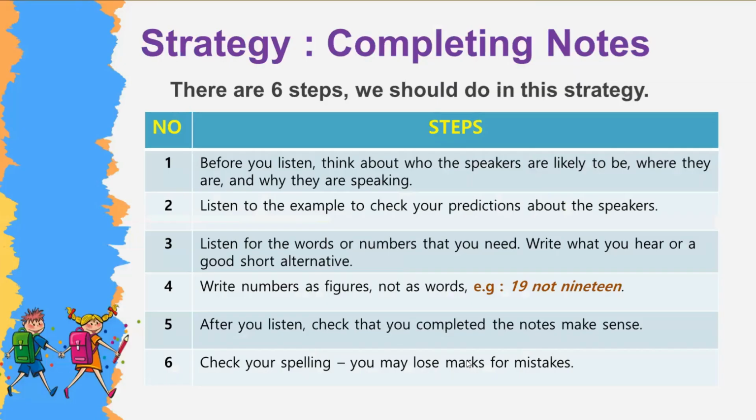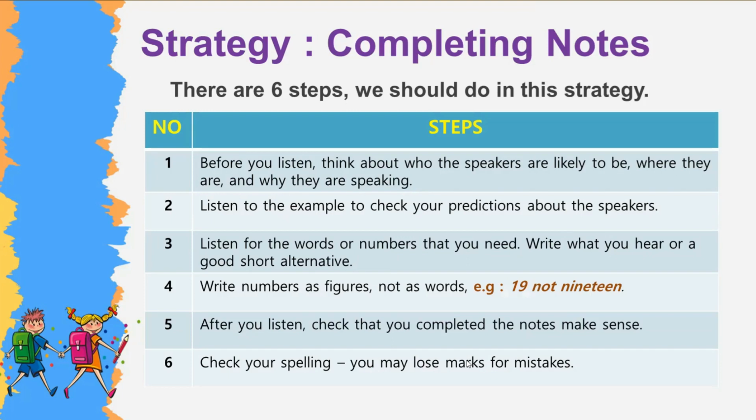Okay, the first strategy is about completing notes. There are 6 steps we should do in this strategy. The first step, before you listen, think about who the speakers are likely to be, where they are, and why they are speaking. Listen to the example to check your prediction about the speakers.